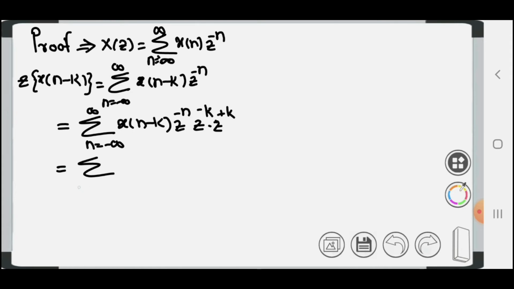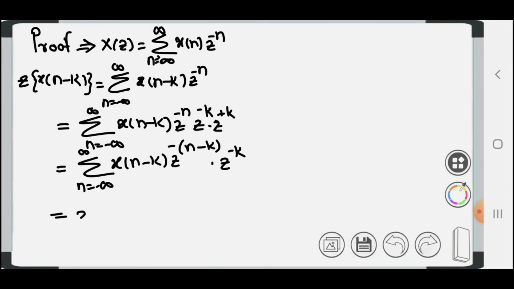In the next step, I can write the summation from minus infinity to infinity of x of n minus k z raised to minus, taking the minus sign common, n minus k. This is z raised to minus n with minus minus plus k, meaning plus k is taken, so just z raised to minus k remains.